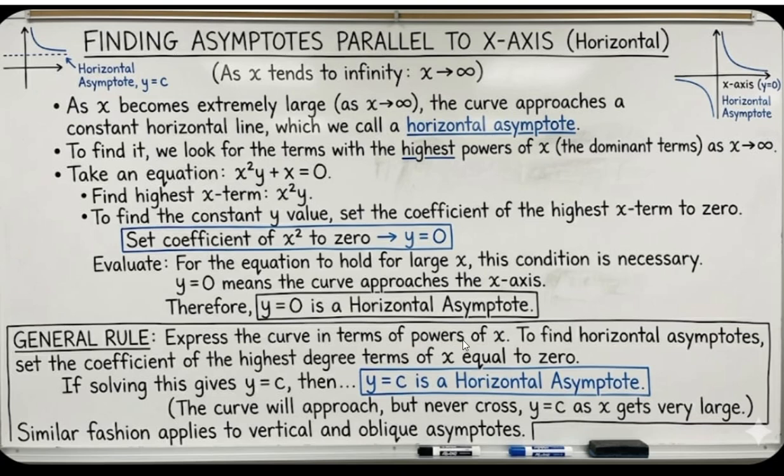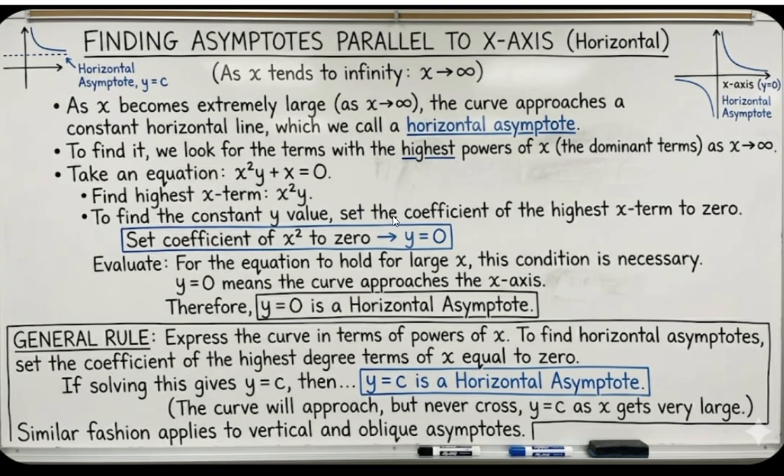The general rule they use is to express the curve in terms of powers of x, to find the asymptotes parallel to the x-axis. To find the horizontal asymptote, set the coefficient of the highest degree term of x equal to 0. If you solve and get y = c, then y = c is a horizontal asymptote.